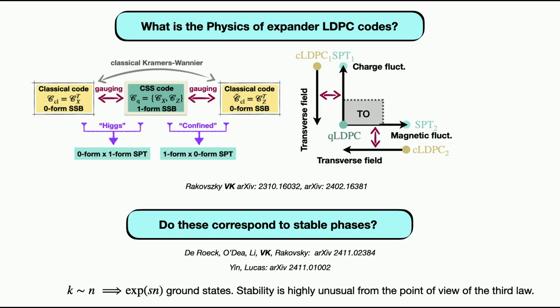Okay, so in particular, the question that my collaborator Tibor Rakovszky and I have been asking for the last couple of years is how do we understand the physics of these LDPC codes in the similar language that I've been describing to you?